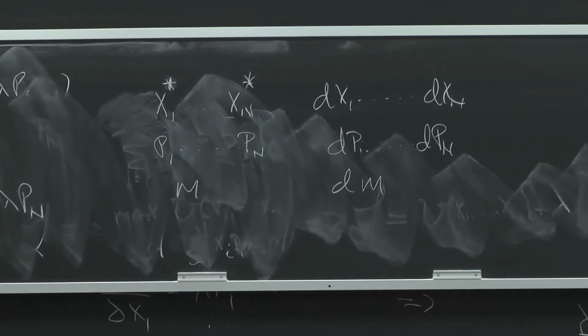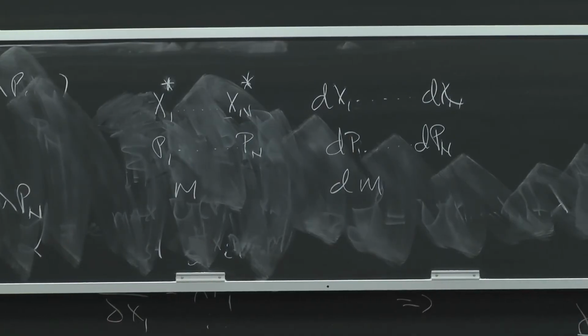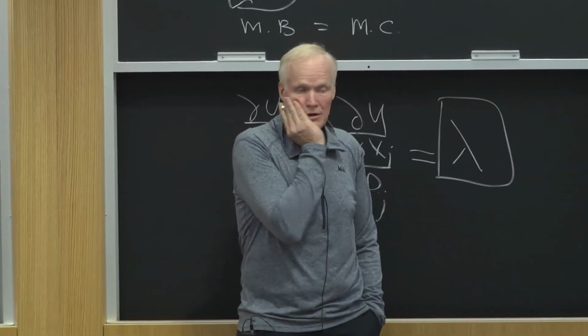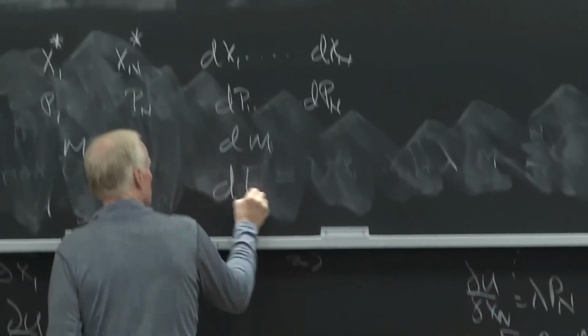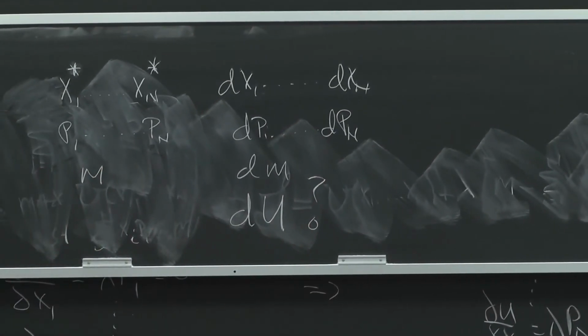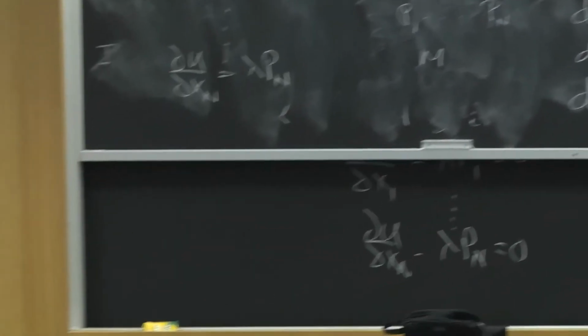And I want to know, has this perturbation to prices and income made this person better off or worse off? How would I measure that? In other words, what can I say about du, the change in utility? Is this person now better off or worse off than he was before we changed his prices and income?